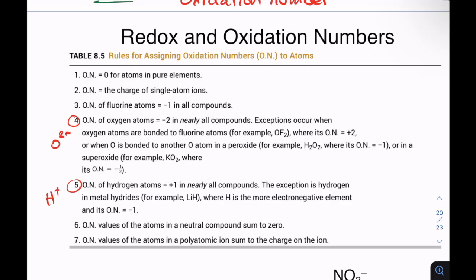But 1, 2, and 3, this is no different from what we've been doing all semester long. If it's on a different element, you should assume that it takes on the charge of that element if it becomes an ion. All right, so first of all, if it's pure, and I told you this already, when things are pure, found in their natural state, they're always neutral. So there, the oxidation number is 0.